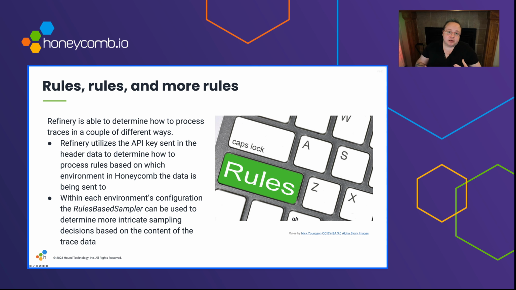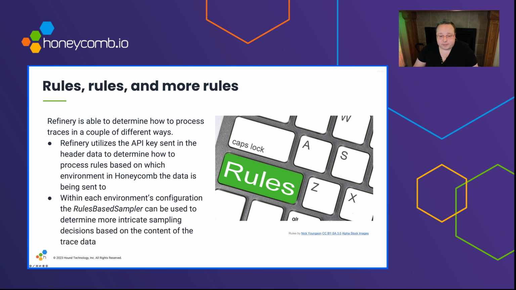Firstly, Refinery has the ability to categorize traffic based on the Honeycomb environment that you're sending it to, based on the API keys that are used when sending data to Honeycomb. So this is based on your Honeycomb API key. And so you can use different samplers for different environments within your Refinery configuration.